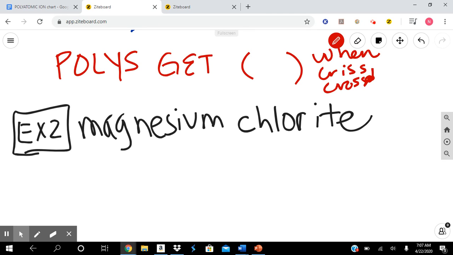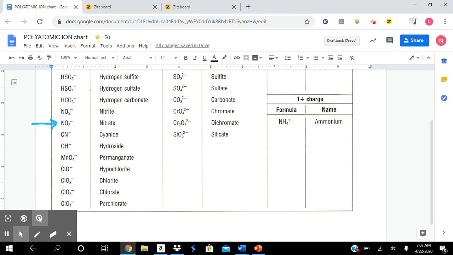So magnesium is in group 2, so its charge is 2 plus. I have an ite, so that clues me into that I need to look at my poly chart. And here is chlorite. Be careful because there's a hypochlorite, a chlorite, a chlorate, a perchlorate.